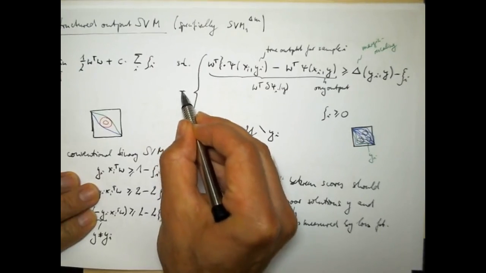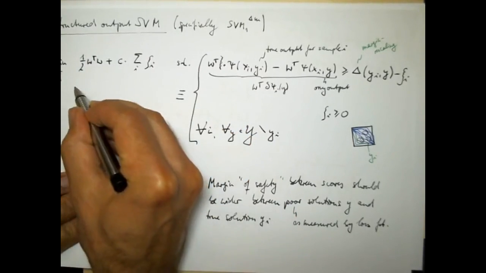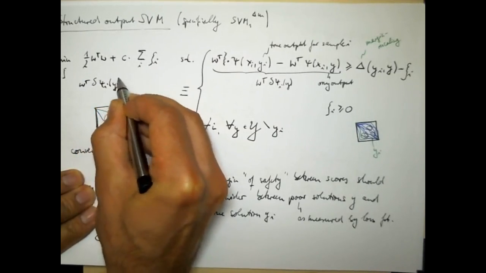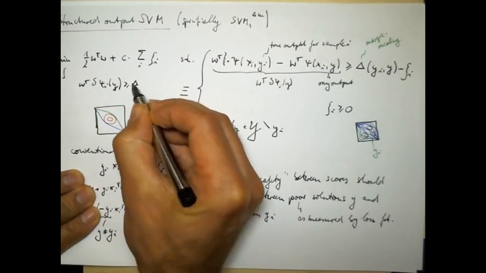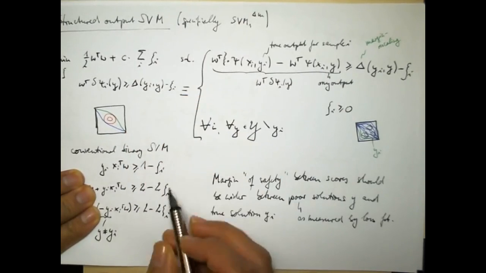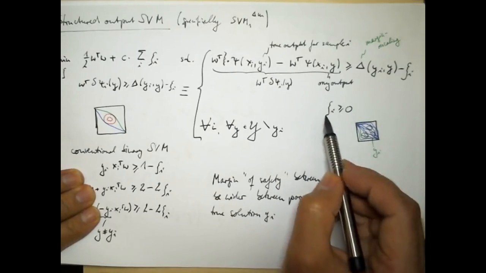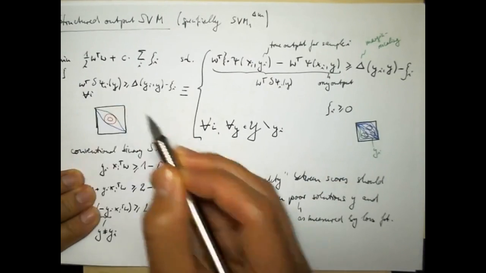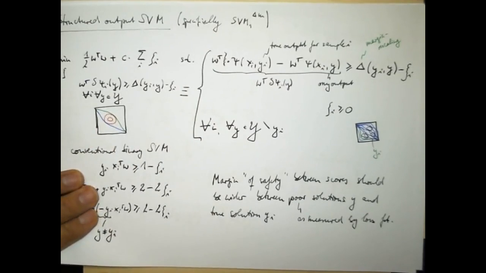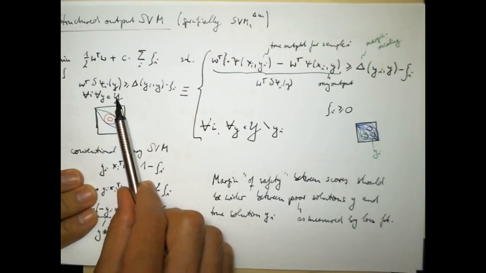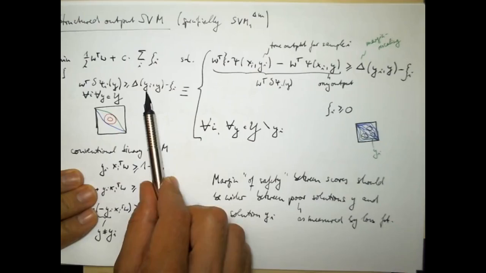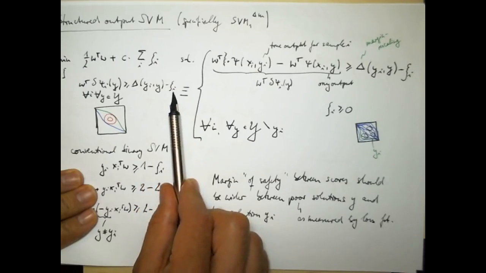So I could also write that w transpose delta psi i of y should be greater than or equal to the loss minus xi i. Now note that I'm omitting the second constraint, the positivity of xi, and I'm now saying that this should hold for all i and for all possible outputs, including the true one. Because if you now insert the true output in this equation, you will find that 0 is larger than or equal to 0 minus xi i.